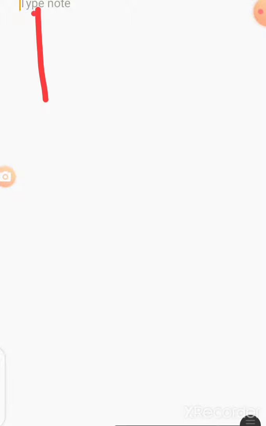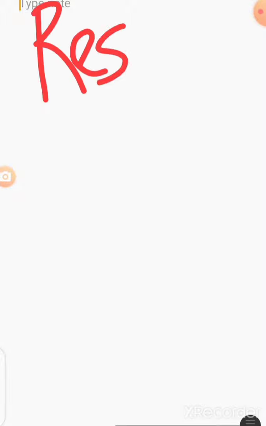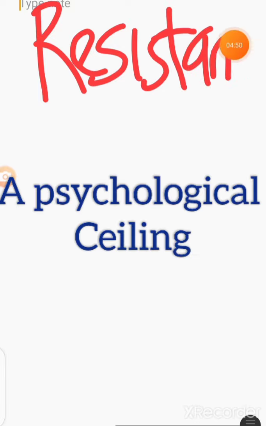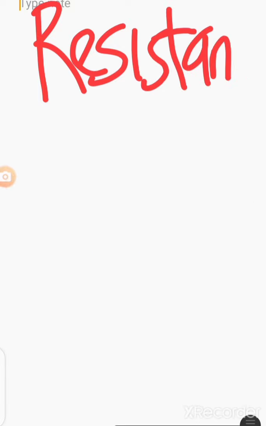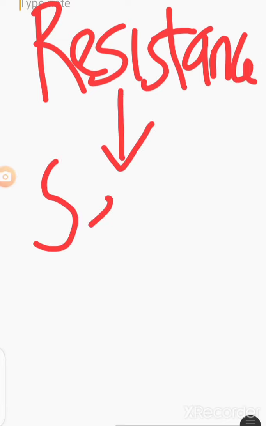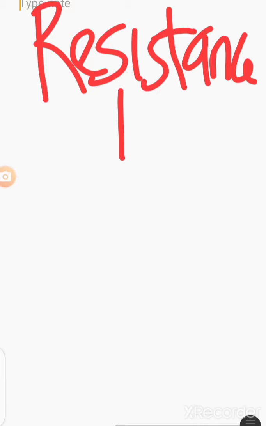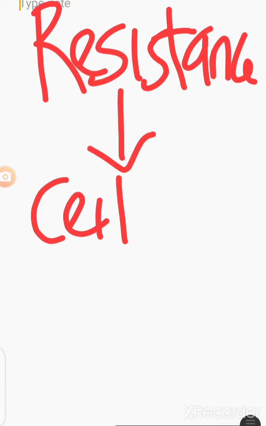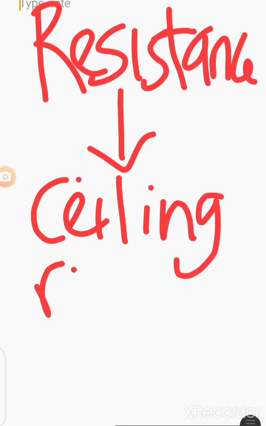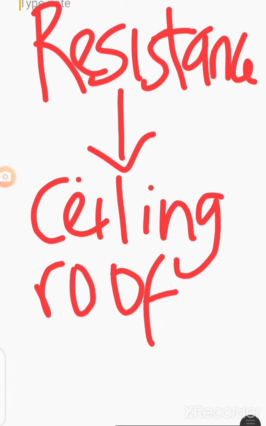And the resistance is equal to a ceiling, just like you have a ceiling, a roof over your head. A resistance is like a roof over your head.